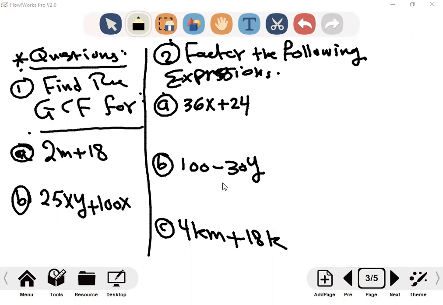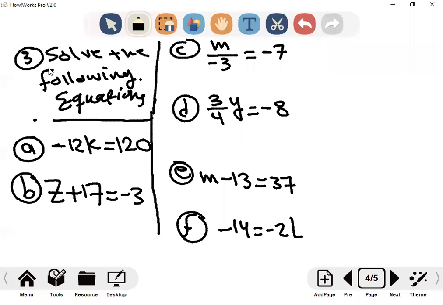Done? Done. Solve these questions, guys, at home. You need to solve them as exercise for your test. Now, question 3, solve the following equations: negative 12k equals 120, z plus 17 equals negative 3, m divided by negative 3 equals negative 7, 3 over 4 y equals negative 8, m minus 13 equals 37, and negative 14 equals negative 2L.